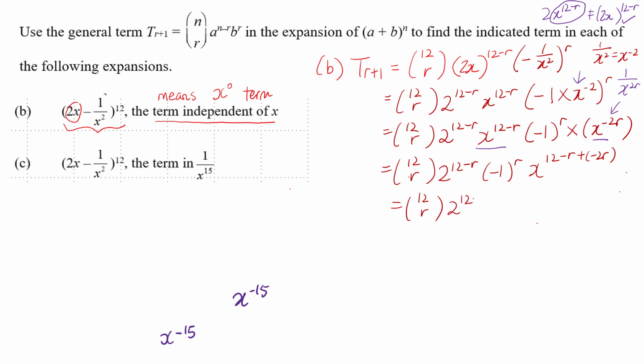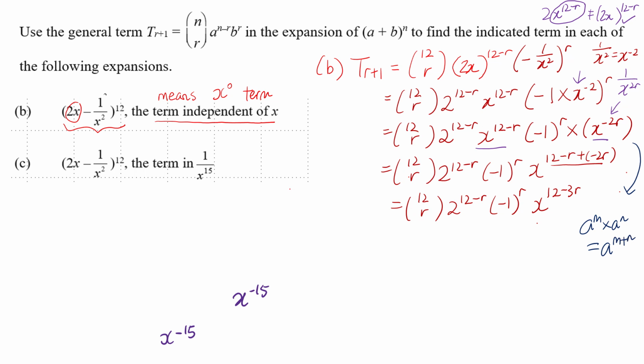Sometimes we don't need to try so hard. All right, so that will give me x to the power of 12 minus 3r. This is when I apply this rule: a to the power m times a to the power n gives you a to the power m plus n.